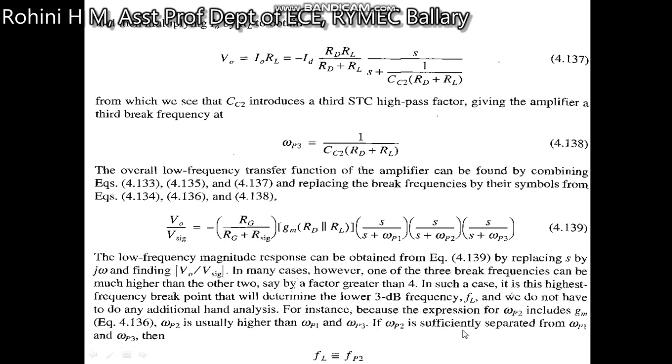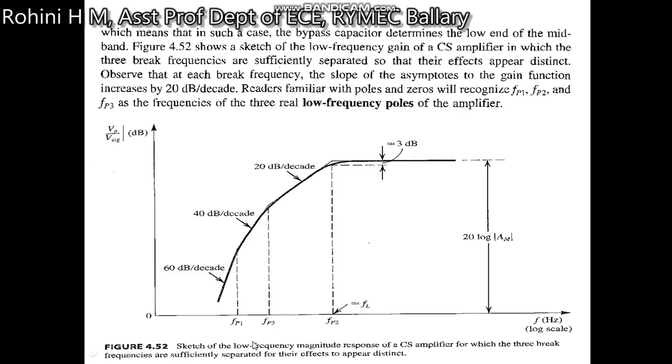If omega p2 is sufficiently separated from these two frequencies, then we can write f_L is equal to f_P2. This frequency value is very much higher than the other two, it is 4 times greater than these two frequencies. So f_P2 is equal to f_L.